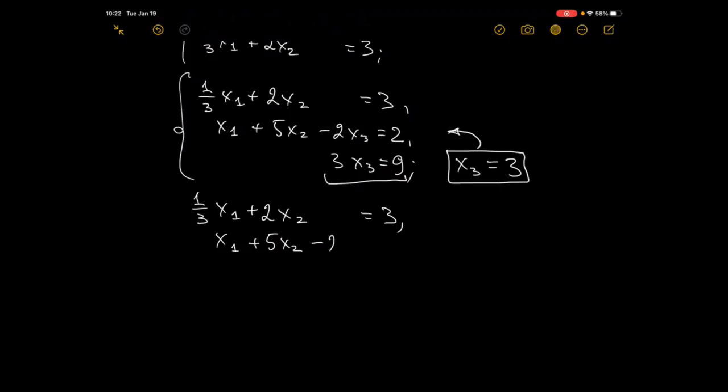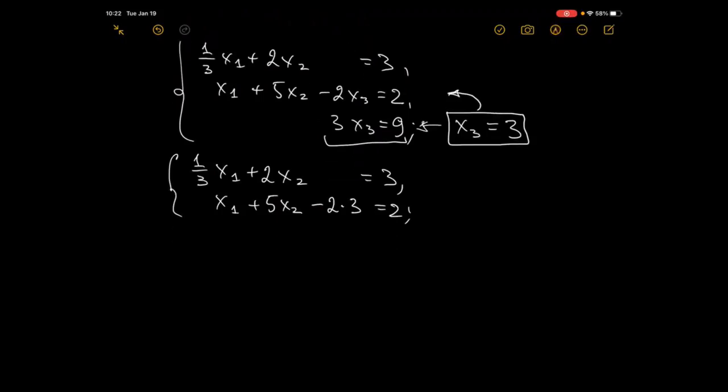Minus 2 multiplied by 3 equals 2, right? Because I already used this equation, I can just omit it for a second. Then I can rewrite it as 1/3 x1 plus 2x2 equals 3, and x1 plus 5x2.